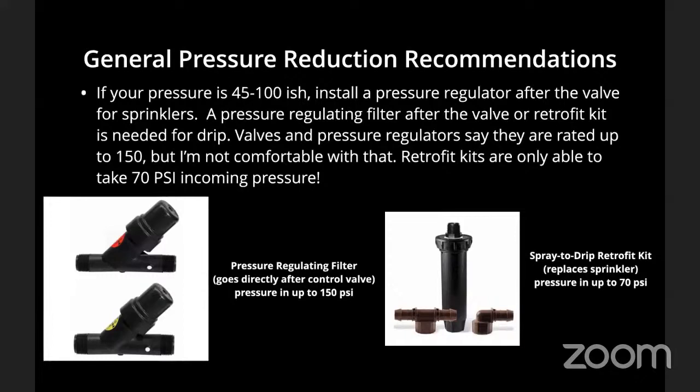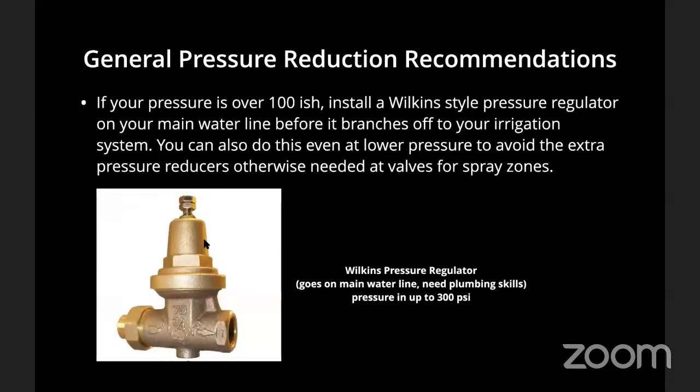If your pressure is 45 to 100-ish, you're going to want this up to 70 PSI for this. If you're really high, up to 100 or so or higher, definitely if it's 150 or higher, you're going to need one of these. And if you're not comfortable doing plumbing work and cutting lines, because normally this would need to be installed before the valve, not after the valve, that's something to call a plumber for help with.